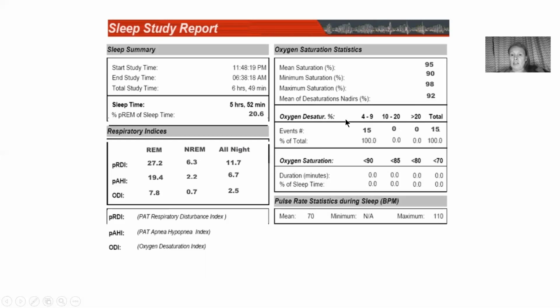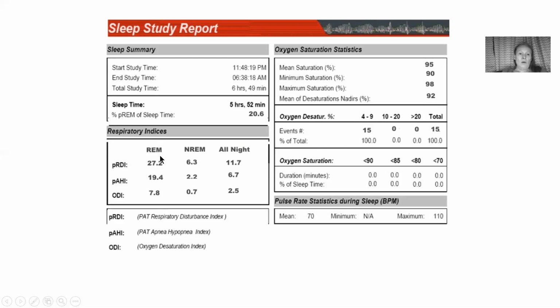As far as oxygen desaturations, they add up the number of times that the patient had oxygen desaturations. Over here, they have the REM, RDI, AHI, and ODI. So based on the PAT device, they're identifying respiratory disturbance index versus the apnea-hypopnea index, and then the ODI is the oxygen desaturation index.